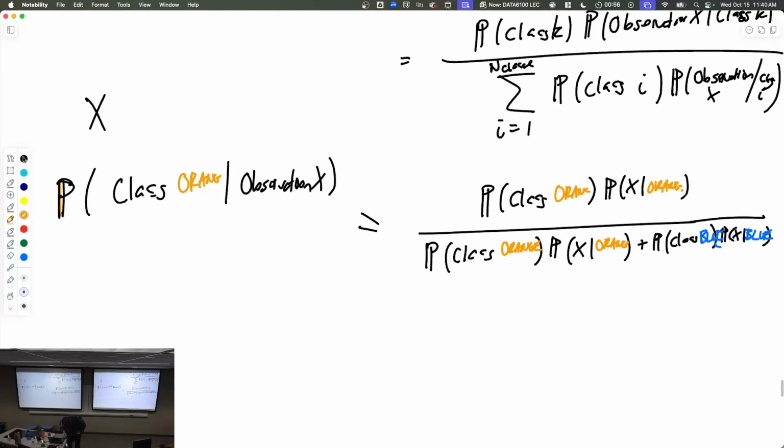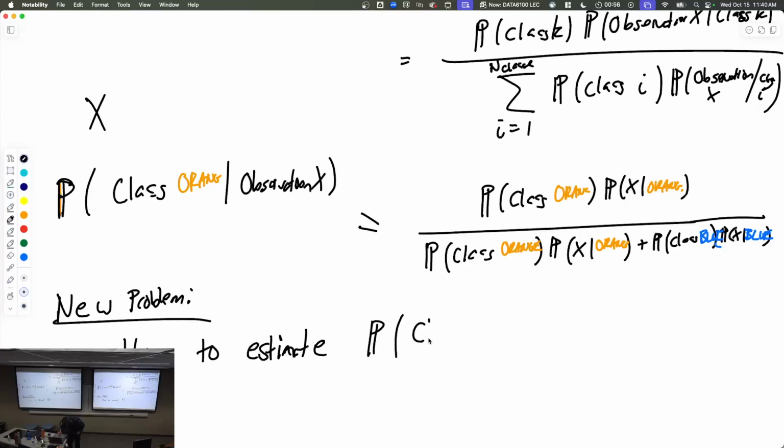We have reduced the original problem to a new problem, which is how to estimate the probability the class is orange given x, and the probability the class is blue given x. What are these things?